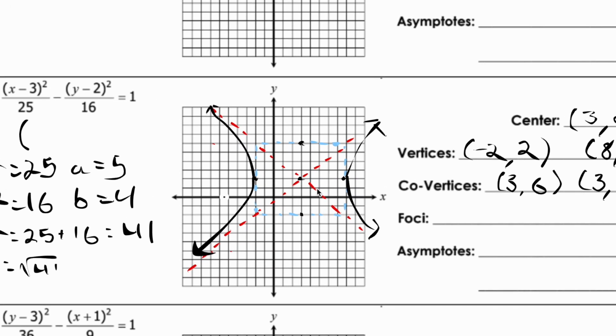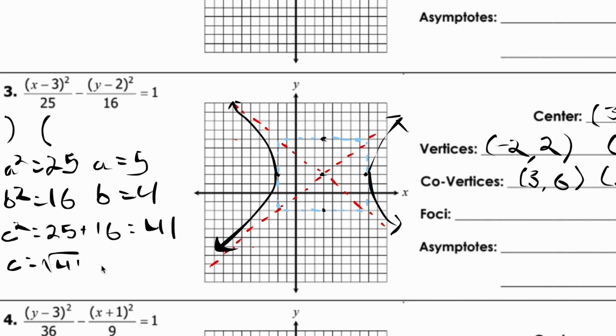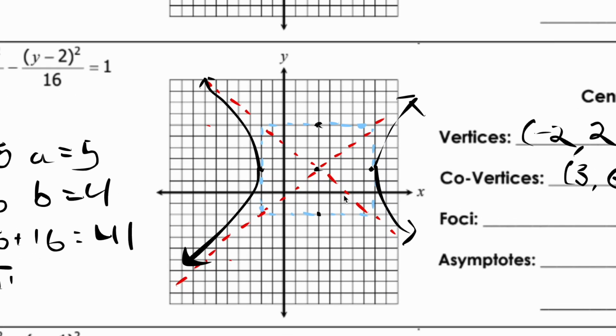And now we're just going to be moving. We cannot simplify root 41. So we're going to be moving in the horizontal direction from our center about root 41 units. And root 41 should be right in between 6 and 7. So we're going to count 6 units, or at least try to plot where it might be.